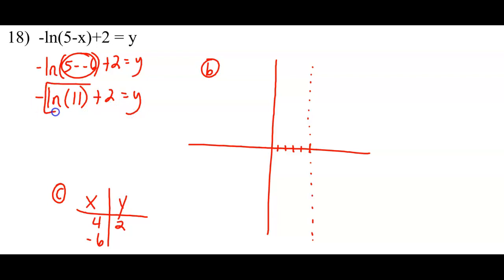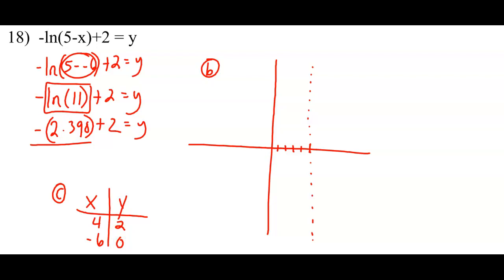We don't need to do change of base on this. We could just punch that directly into our calculator because we have the ln button on our calculator already. And that's 2.398, but we still have that negative in the front. So if I combine -2.398 with 2, I would get the following.